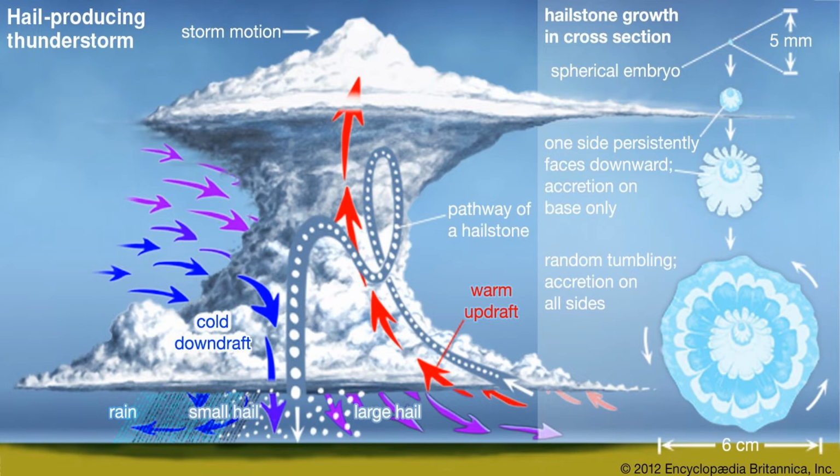In fact, it appears that the best trajectory for hailstone growth is one that is nearly horizontal through the storm.